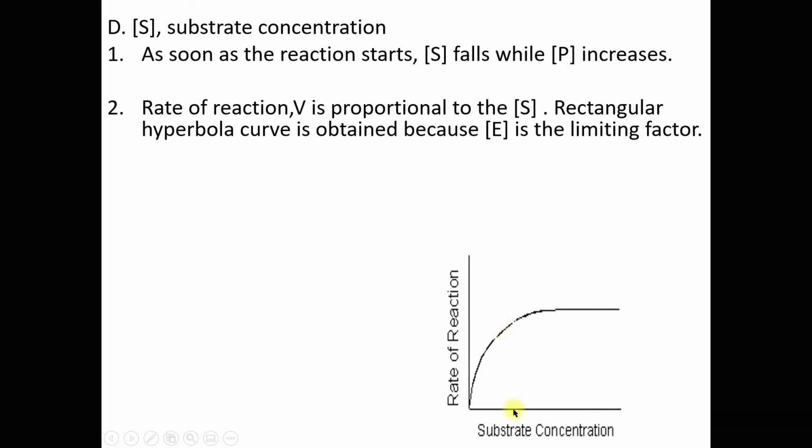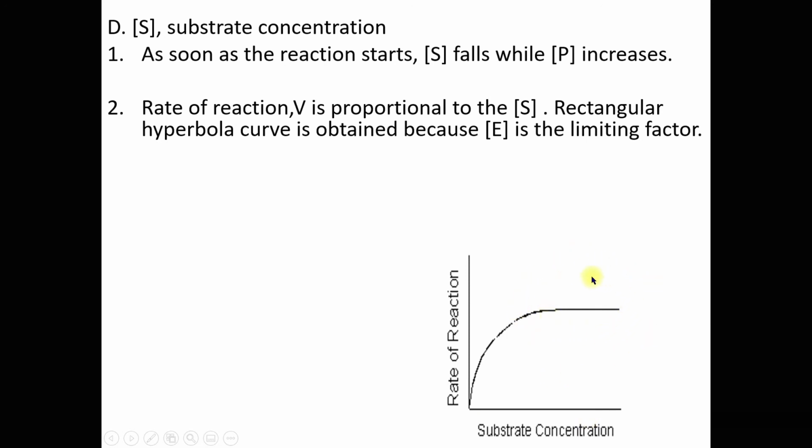But at one point there is no point in further increasing the substrate concentration because the enzyme concentration becomes the limiting factor. So a rectangular hyperbola curve is obtained when we plot velocity against substrate concentration.